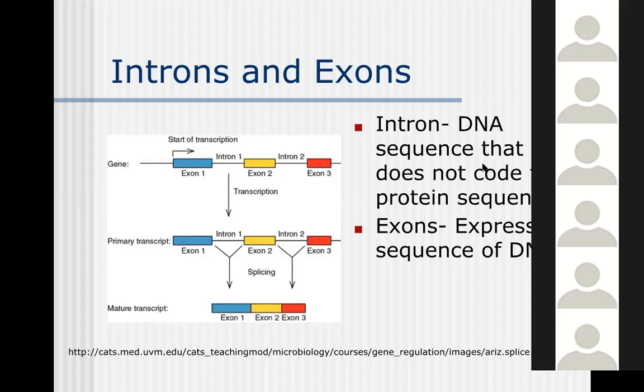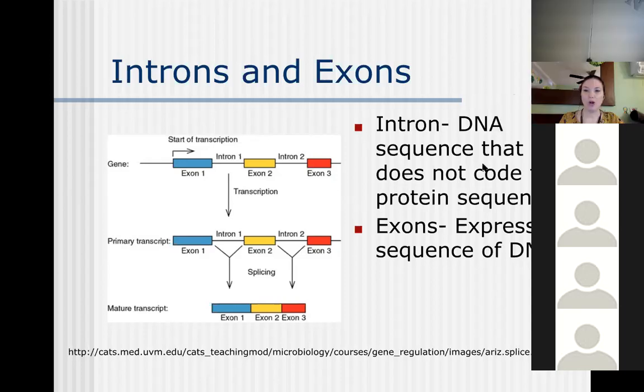It turns out that there are parts of the code that are cut out. So there are parts that are going to turn into the protein, and turning into the protein is called being expressed. So the expressed part gives you your exons. The DNA and the mRNA that's going to be expressed are exons.